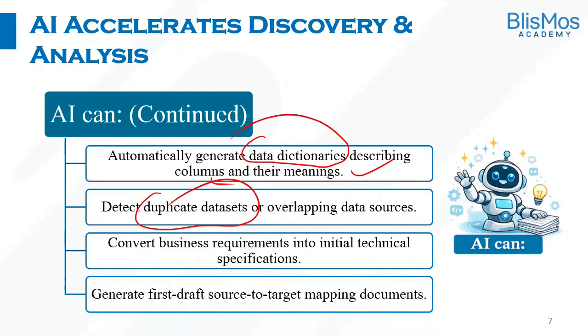As I indicated earlier, source to target mapping is one of the Bibles of data engineering. Data architects would spend days and days of time to come out with the source to target mapping. But what AI can do is draft the source to target mapping, which can be further validated by data architects.